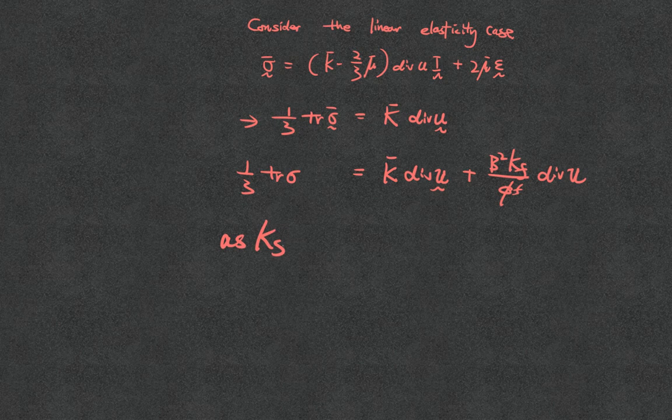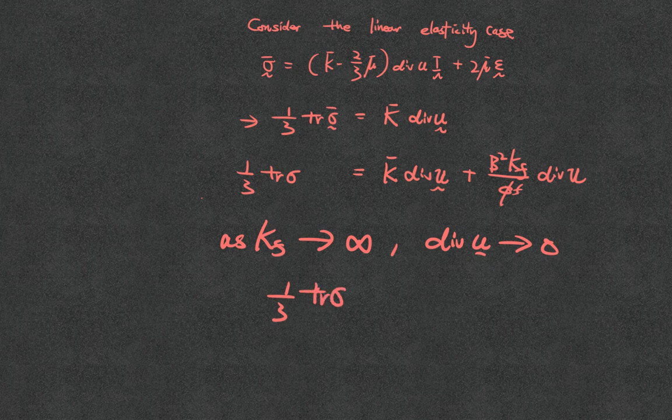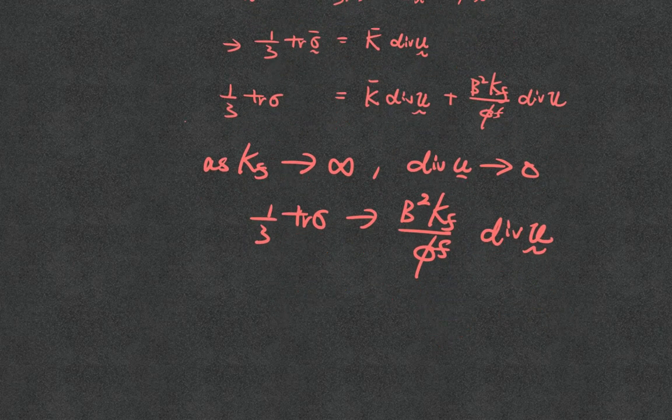So as K_f approaches infinity, the divergence of U would approach 0 for the undrained case, and for the undrained case only. In this case, 1 divided by 3 the trace of the stress would approach B squared K_f divided by porosity times divergence of U. This is very interesting, because this term would approach infinity while this term would approach 0. But the mean pressure term is actually finite.